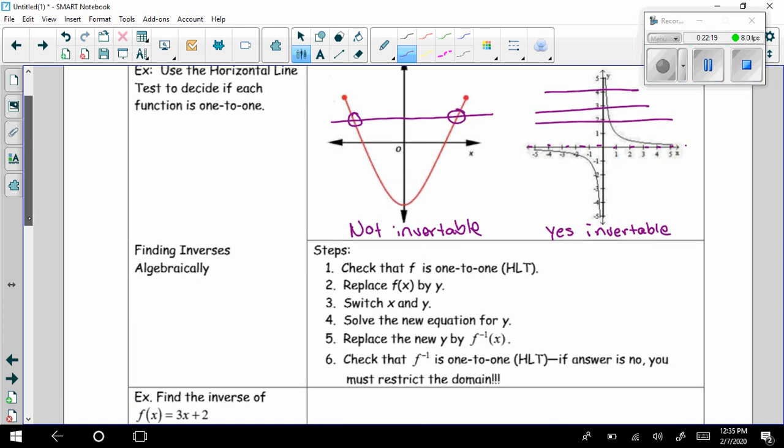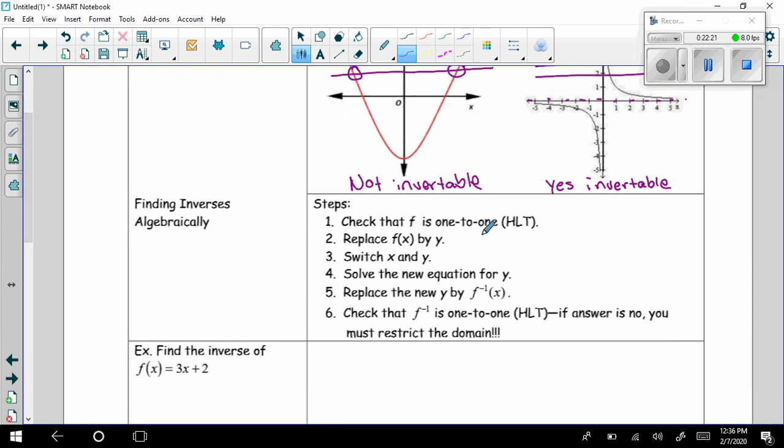Okay, and then last thing here, check if it's one-to-one. We're going to find the inverses or calculate them. So use the HLT to see if you can even do it. Rewrite it from function notation to standard notation, and then flip-flop your x and y values because we saw in the tables that's what's going to happen with our numbers.